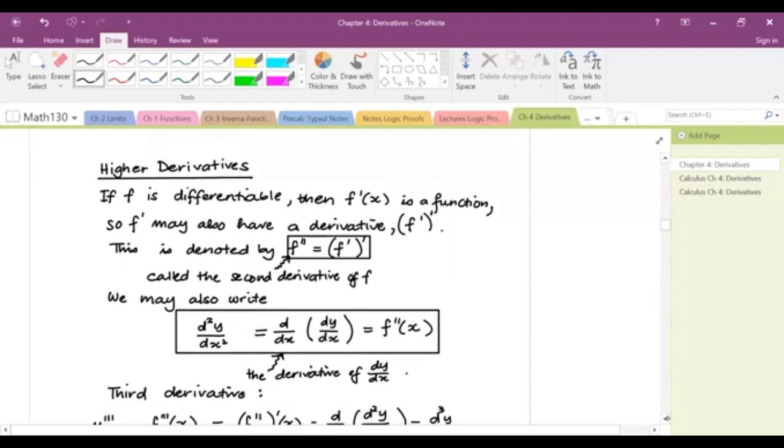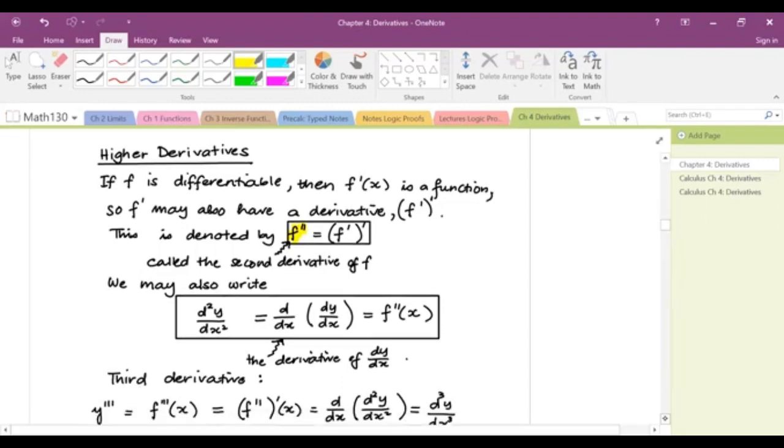Okay, so looking at higher derivatives now. If f is differentiable, then f prime of x is a function of x, as we've seen. So f prime may also have a derivative, f prime prime, or we say f double prime. We call this f double prime, and it is the second derivative of f. So it is the derivative of the derivative.